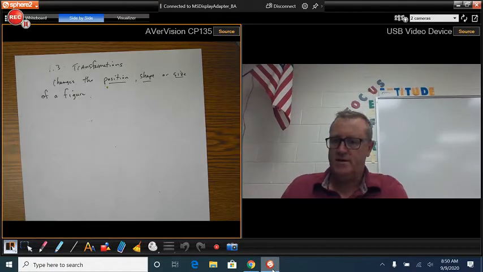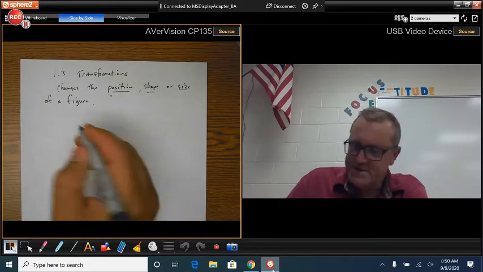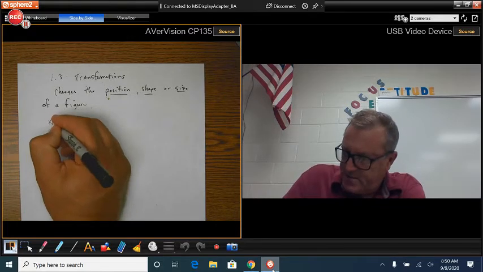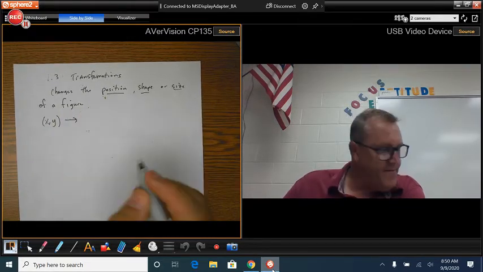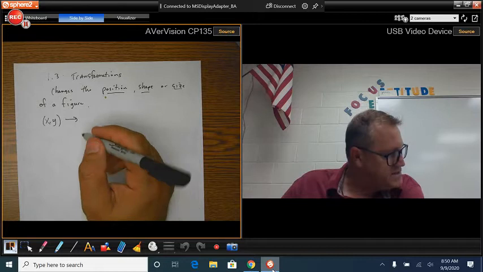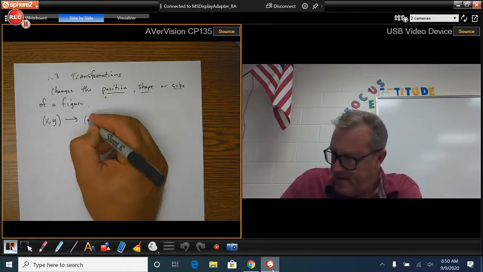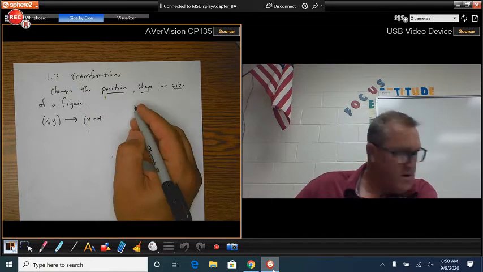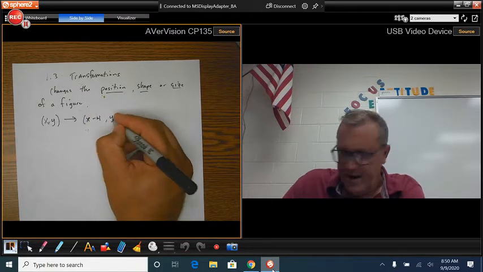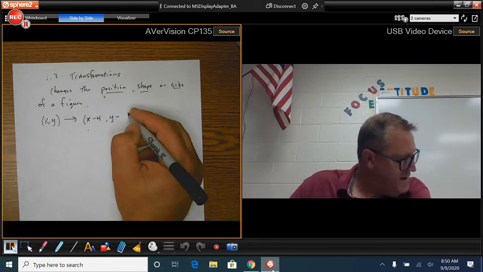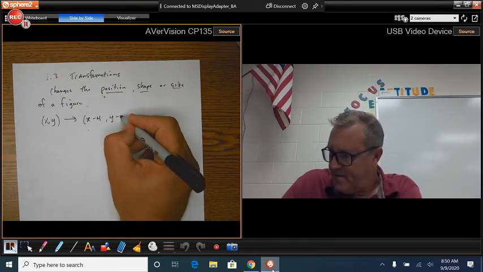All right, so back to here. That means we've got, it said this, x, y, and then that arrow means maps to x minus 4 and y minus 3.